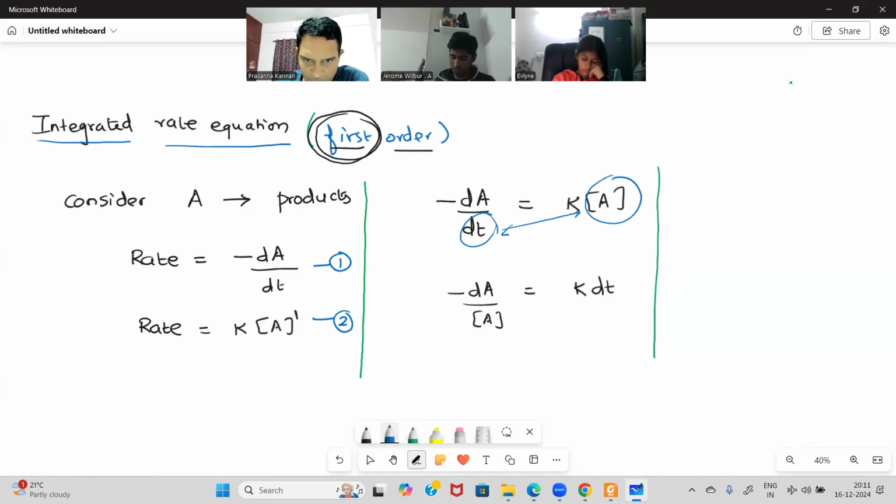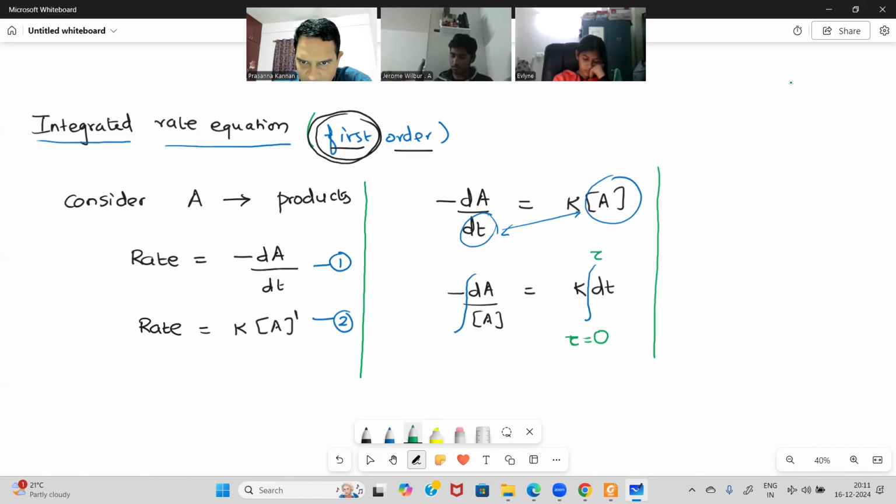Okay. Now, what are we going to do now? Integration. K is a constant which can come out of the integration. Initially, we can use indefinite integral or definite integral. If you use indefinite integral, then you have to finally substitute boundary conditions. If you directly use definite integral, you can directly get the answer. Either way you can do. So initially time, let's take it as 0.